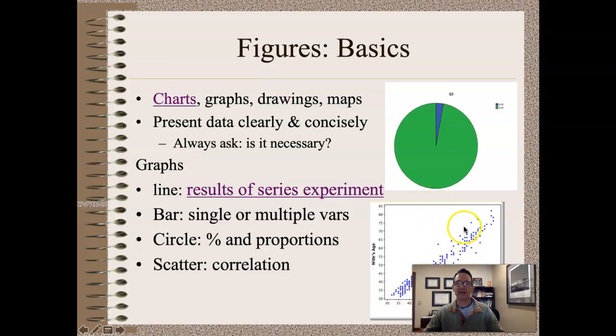And this is a scatter plot, so it's a graph. It's a specific graph that's often used in correlational statistics. So a couple of you ran correlations, and basically it's used to show the strength of the relationship.